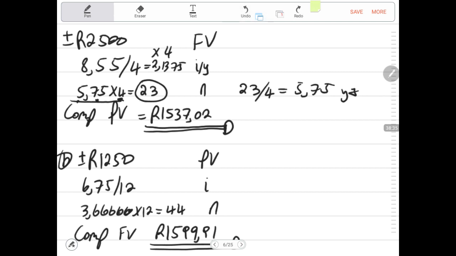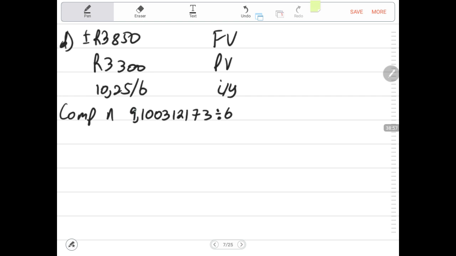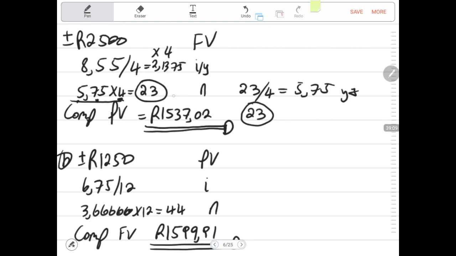You need to say 23 is the number of times the interest will be compounded over the period of the investment. Similarly, this number, which is 9 point something, is the number of times the interest will be compounded over the period of the investment, exactly the same as this 23.